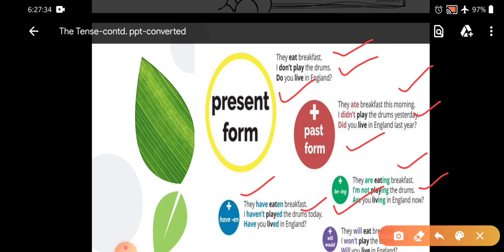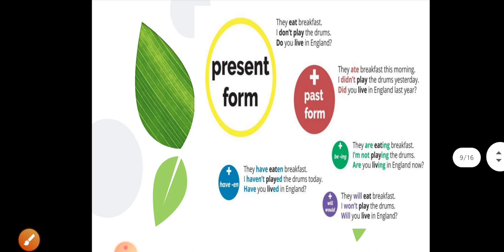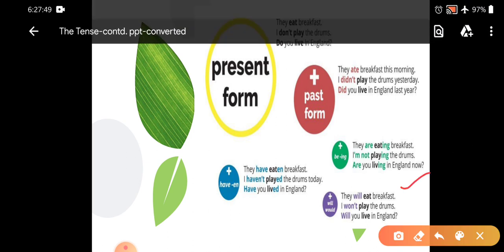I haven't played the drums today is negative form. Have you lived in England is interrogative form. Then for future, they will eat breakfast is affirmative. They won't play the drums is negative, and will you live in England is interrogative.